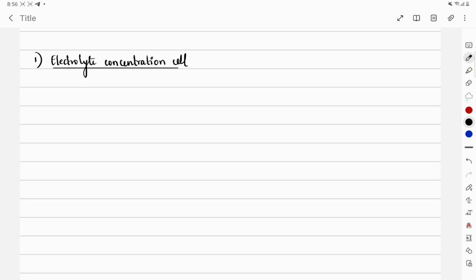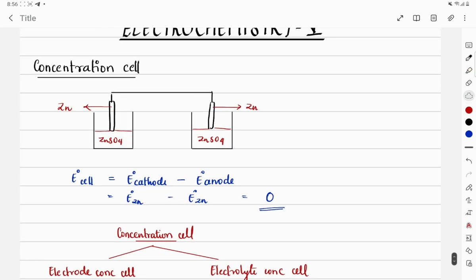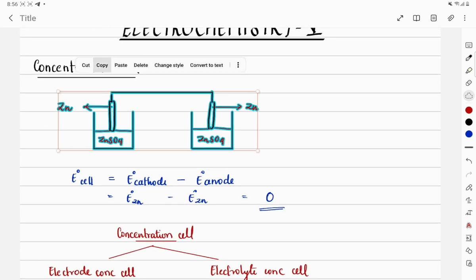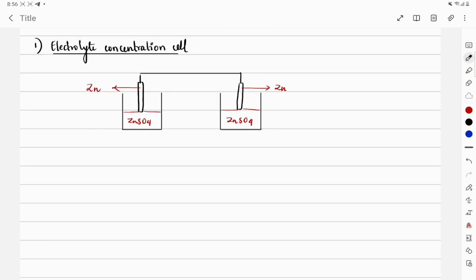As an example for this, let's take the same zinc concentration cell, this one exactly. Now the change we have to introduce here is, this is an electrolyte concentration cell, so we have to change the concentration of the electrolyte here. Both will be zinc sulfate itself, but one has to have a different concentration than the other. For example, if I put this one as 1 molar, this is my anode.